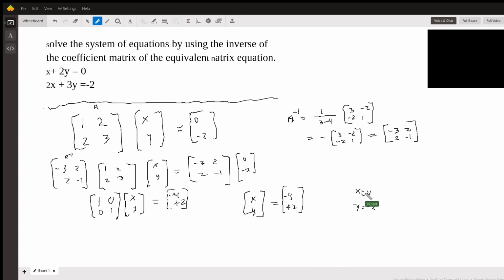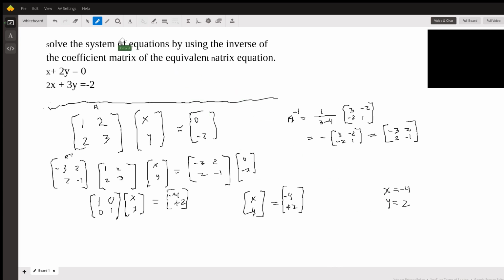So we have x is equal to -4, sorry, and y is equal to 2. Let's check again. So -4 plus 4 is 0, and then -8 plus 6 is -2. So that checks out fine. And it's my own handwriting that does me in more often than not.